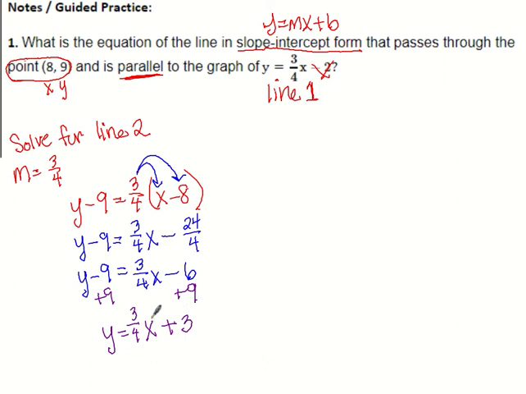So now this line and this line are parallel because they have the same slope and they start at different places, and so they're going to just continue on in both directions together. So there's our answer. So you can see we used slope form and point-slope form, and so that's why we need to know how to do all forms, because I had to use slope-intercept form and point-slope form.